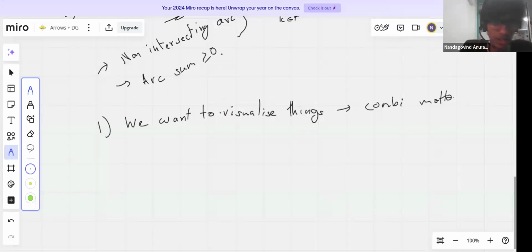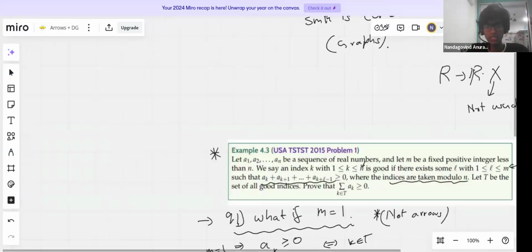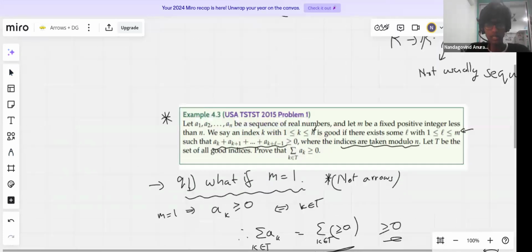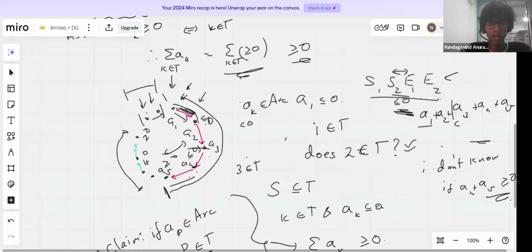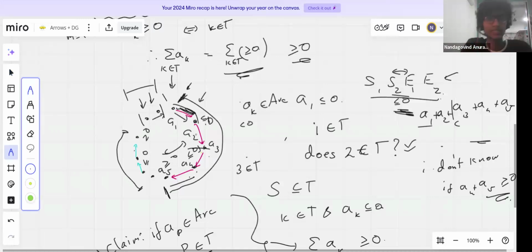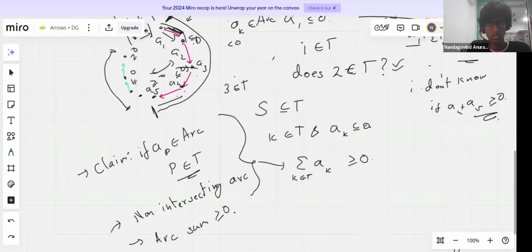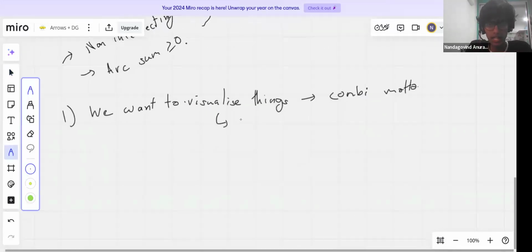So all of this sequence business is very cool, but this property I'm not able to understand very well. So what I want to do is look at this set of points. That's going to be the first motivation. This motivates the idea of points on a circle.